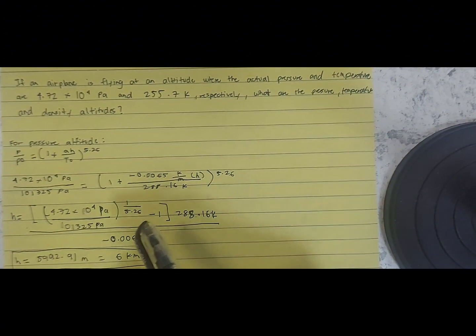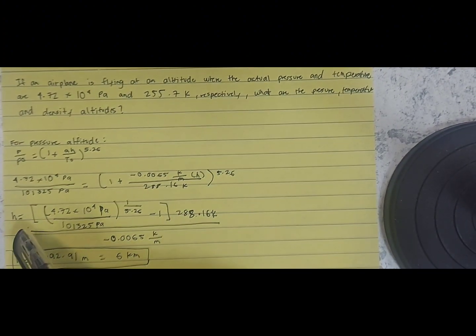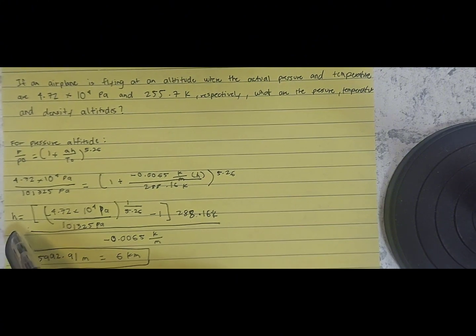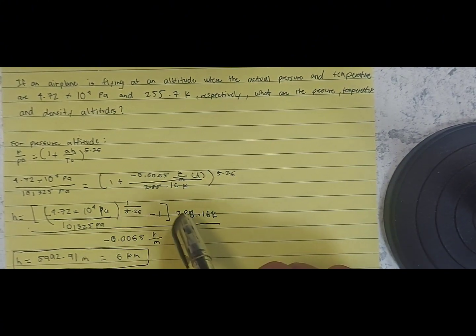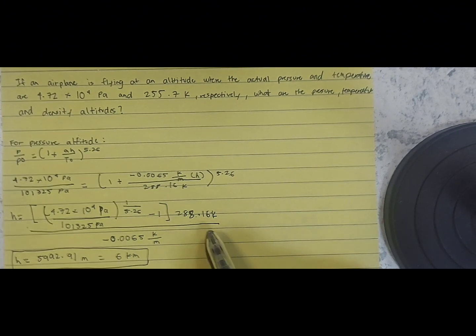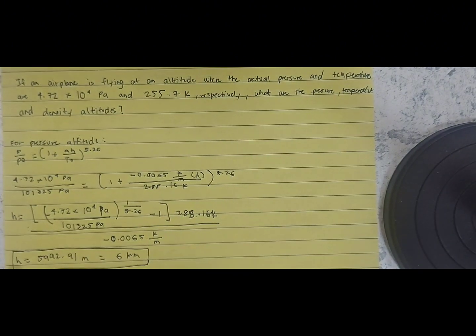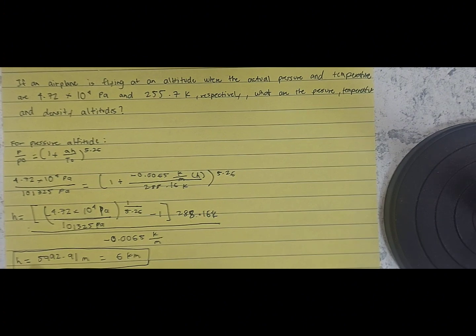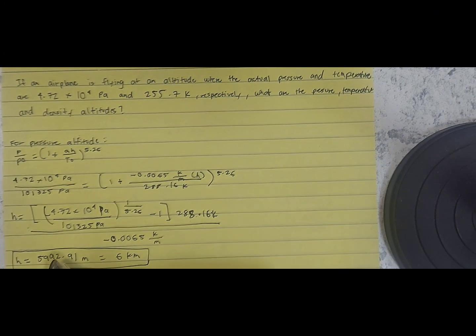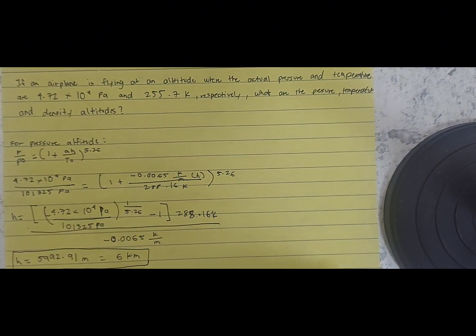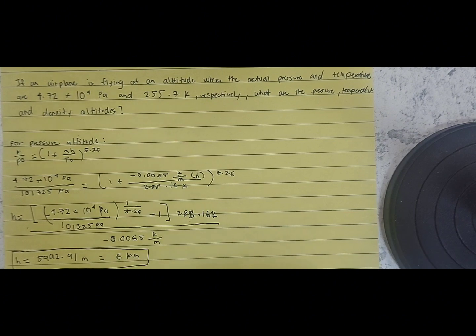Then, pag na-manipulate na and na-separate yung h and nalagyan na lahat ng given, you can solve it using the calculator and lalabas na ang pressure altitude is 5,992.91 meters, which is equivalent, pag ni-round off, is 6 kilometers.